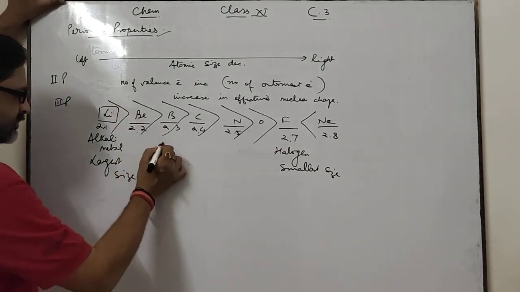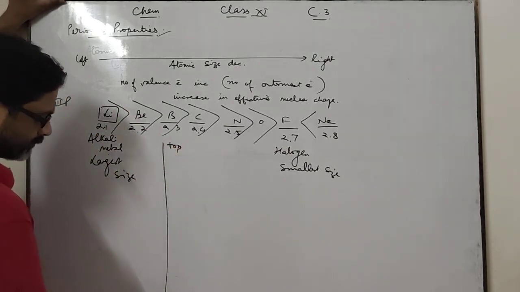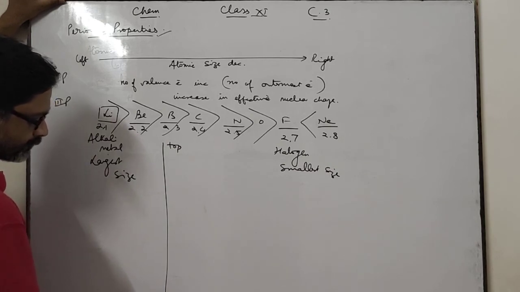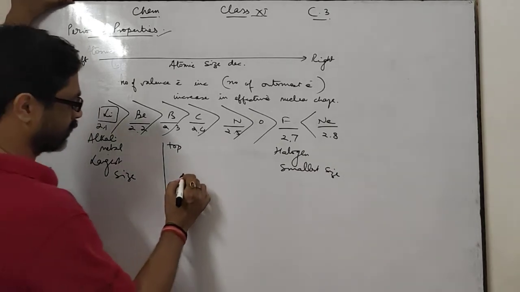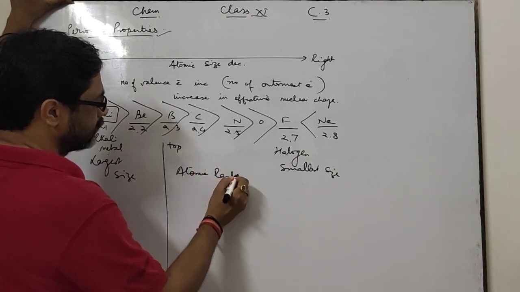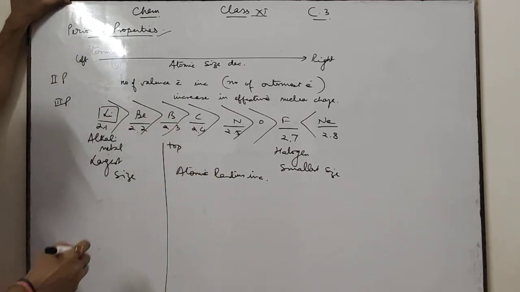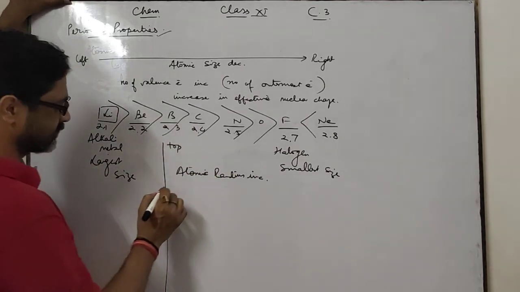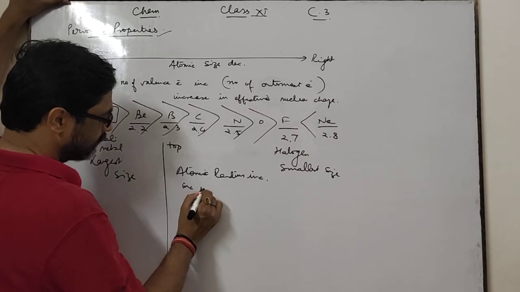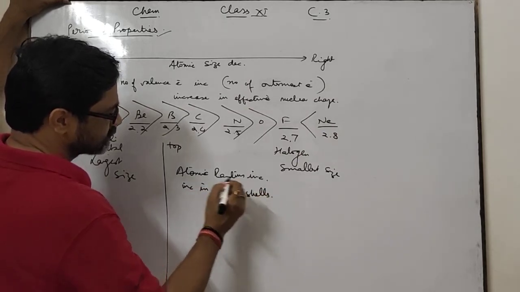And opposite to this, within any group, on moving from top to bottom, atomic radius increases. This is due to an increase in the number of shells.